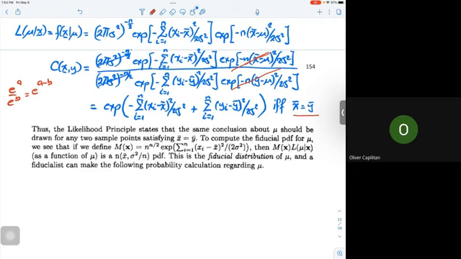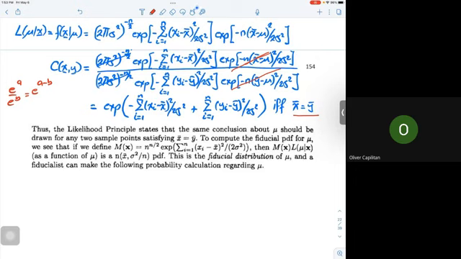In order to compute the fiducial, the PDF for our parameter mu, we define m of x, which is a function of x, to be equal to n to the n over 2, then the exponential of this expression. Then the product of m of x and the likelihood function of mu given x will be the PDF for our parameter mu.